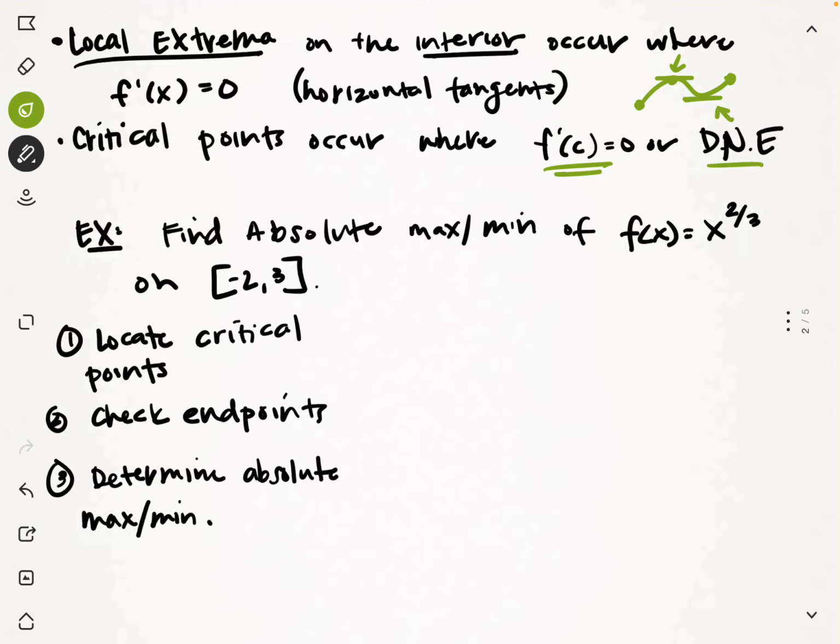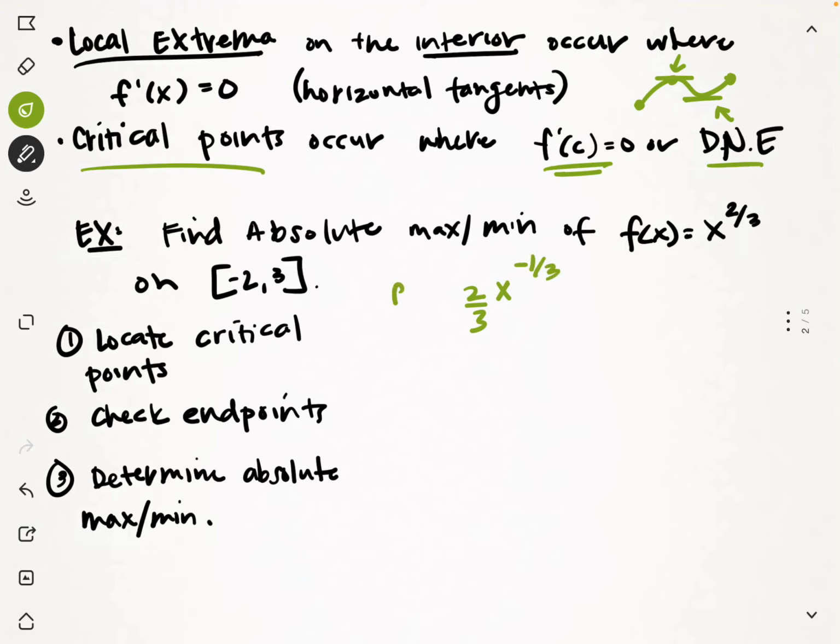So number one, let's locate critical points. Critical points tell us we need to take the derivative, and we have to find where it's equal to 0 or does not exist. So for the derivative of x to the 2/3, we're going to drop down the 2/3, and then subtract 1 from 2/3, so that's going to be x to the -1/3.